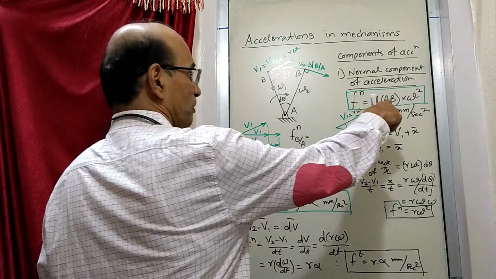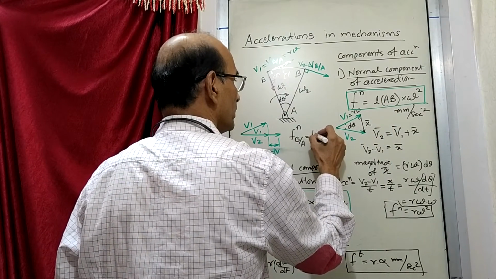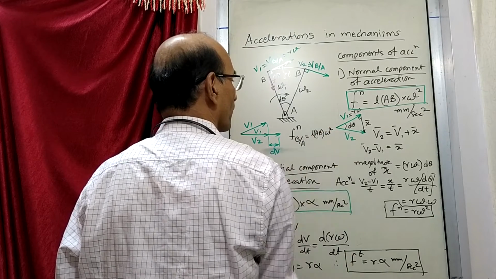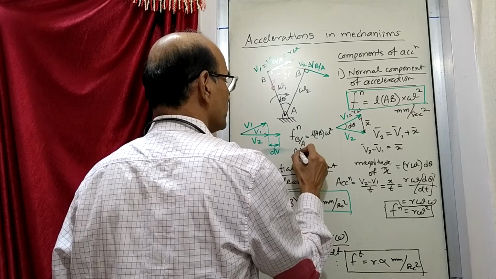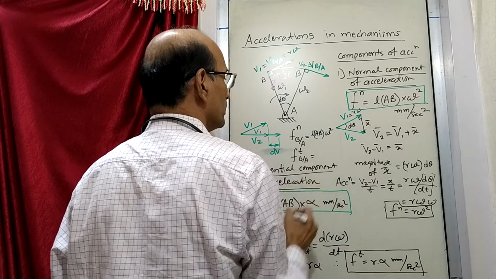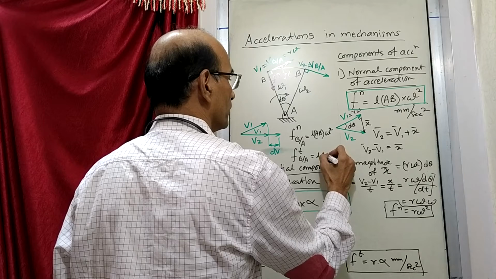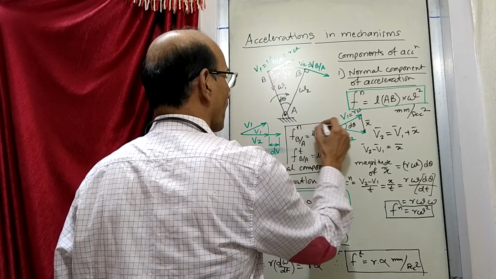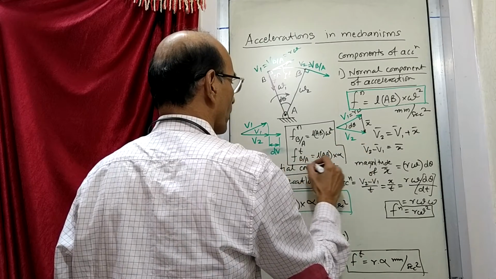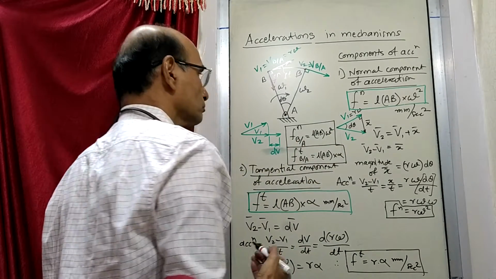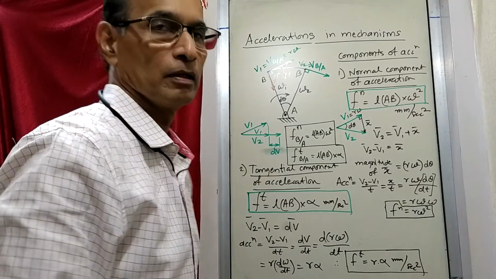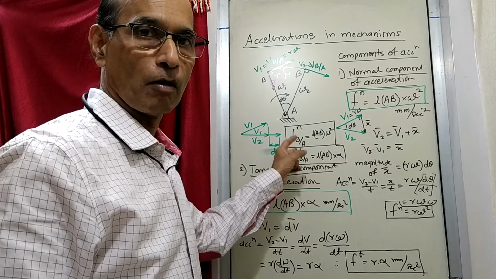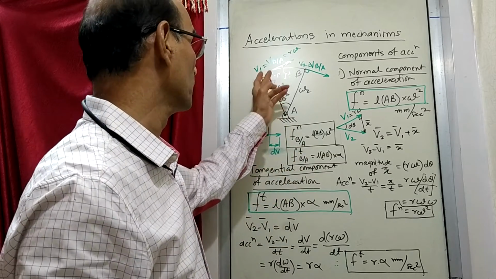So that is given by, as per this formula, length AB into omega square, and F tangential of B with respect to A is length AB into alpha. So for this expression, this is the thing. And suppose you want to show this in the form of a vector. We have already shown it in the form of a vector.